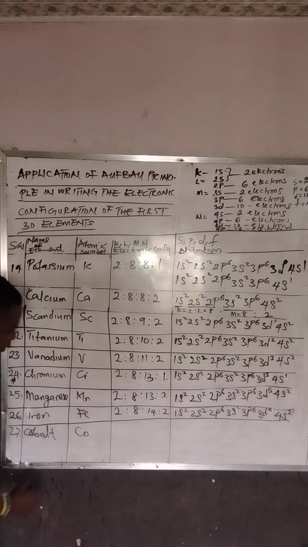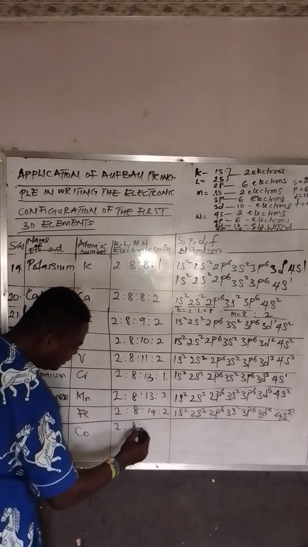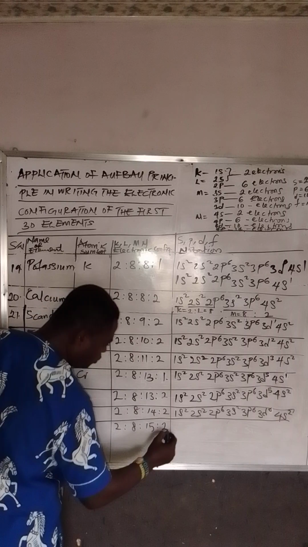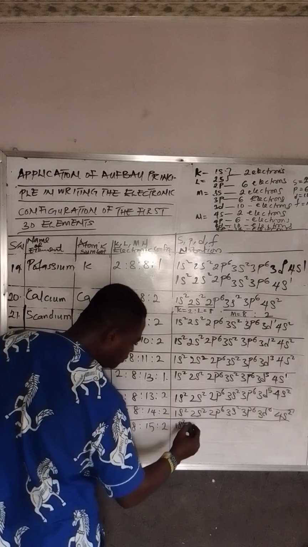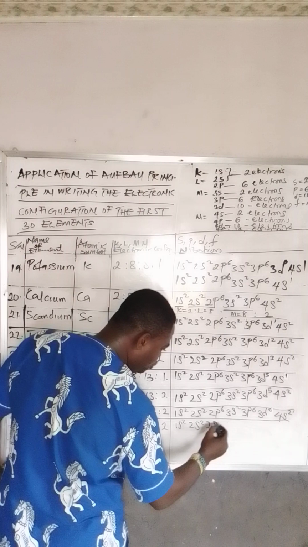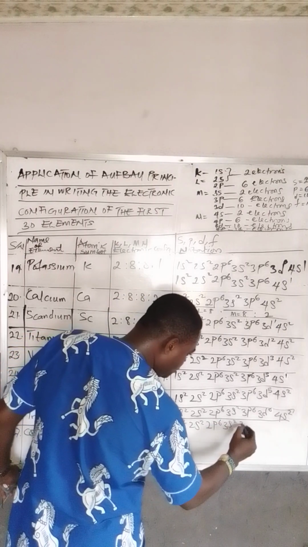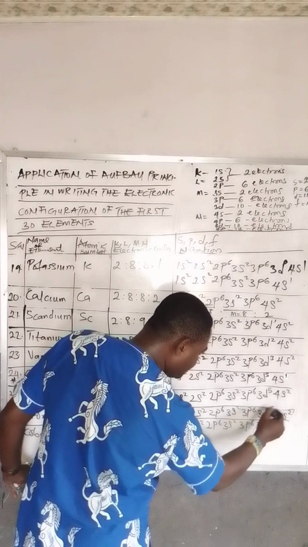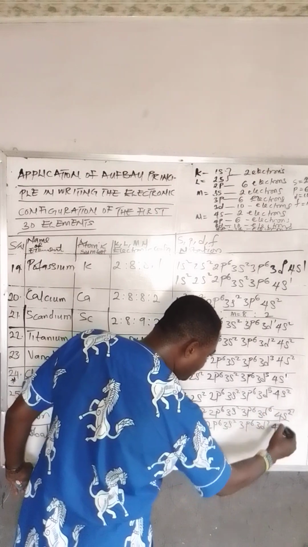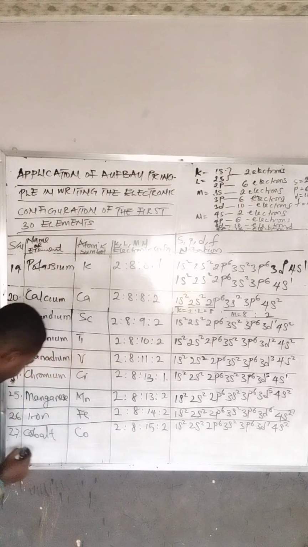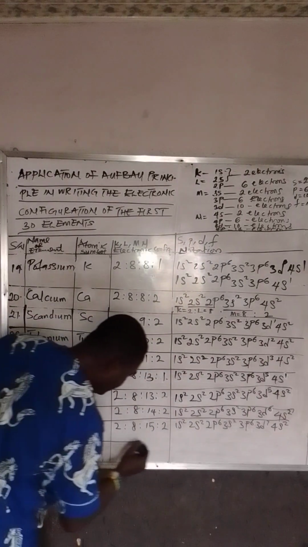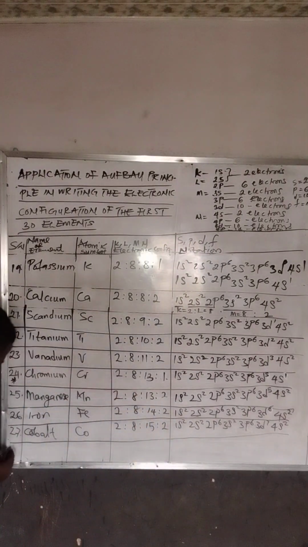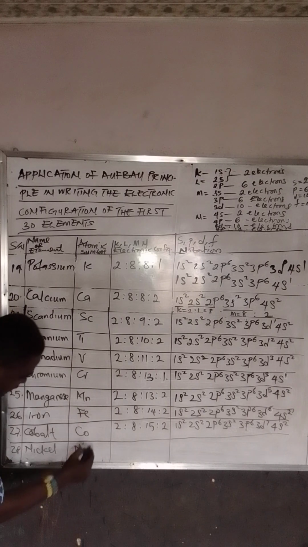Cobalt, Co, which is 2, 8, 15, 2. And it's 1s2, 2s2, 2p6, 3s2, 3p6, 3d7, then 4s2. Now, after cobalt is nickel, Ni.